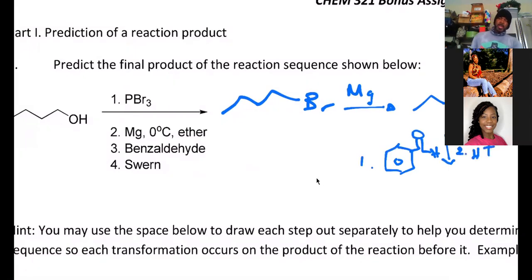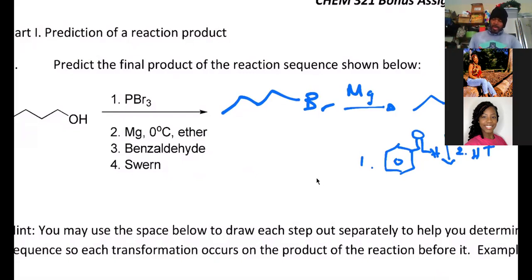What kind of reaction is that? What happens when you add a Grignard plus an aldehyde? What do you get?